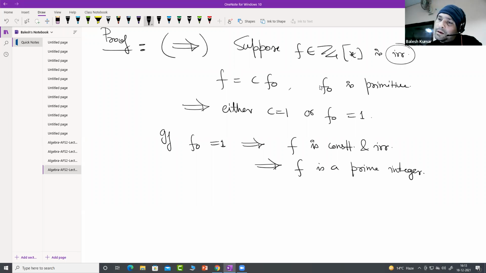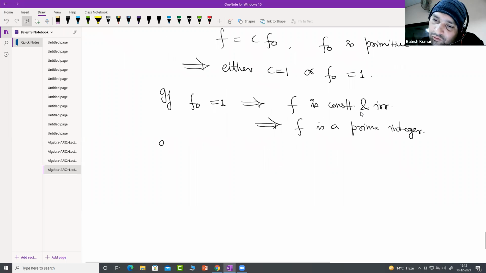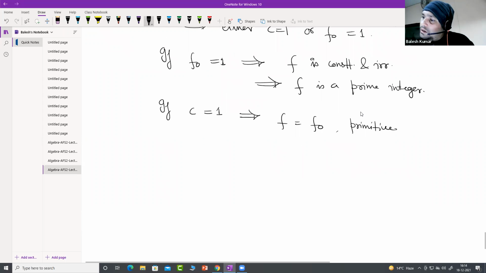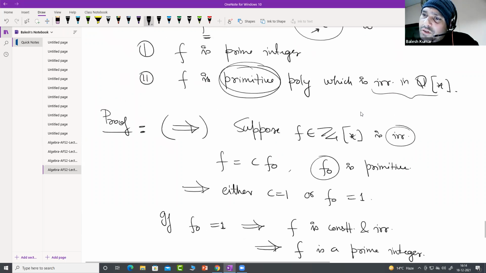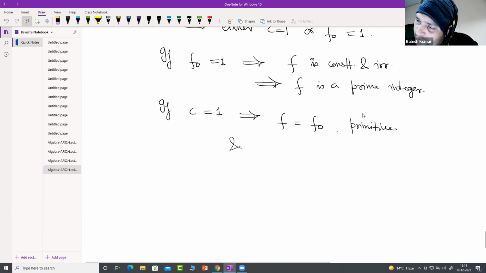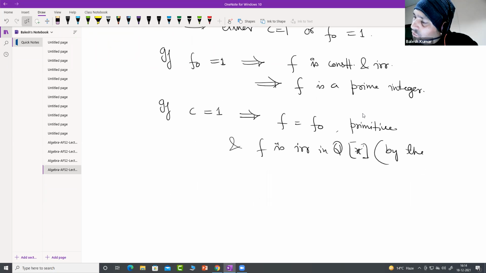Now the second case: if c is equal to 1, this implies f is equal to f0. And of course f0 is primitive, which is obvious, because by the very factorization f0 is primitive. So f0 is a primitive polynomial, and f is irreducible in Q[x] by the above corollary.